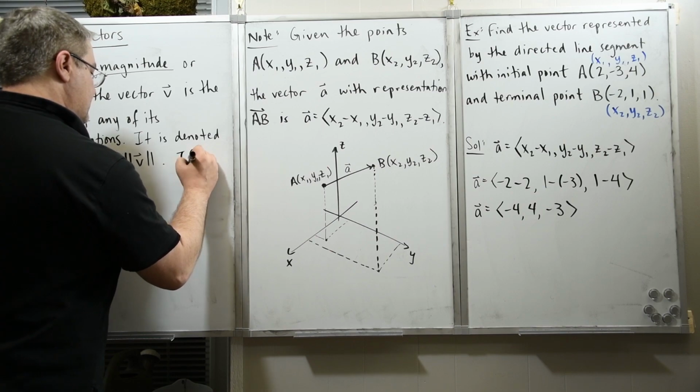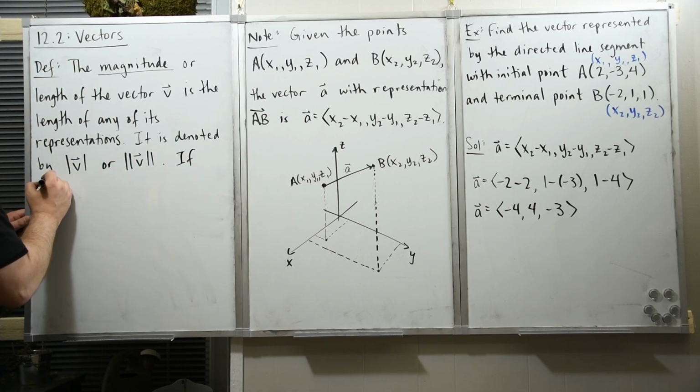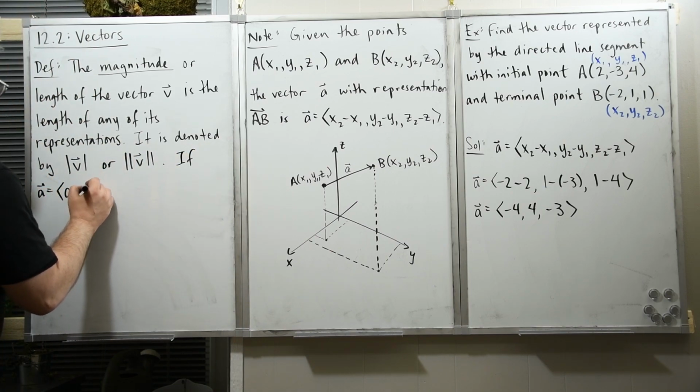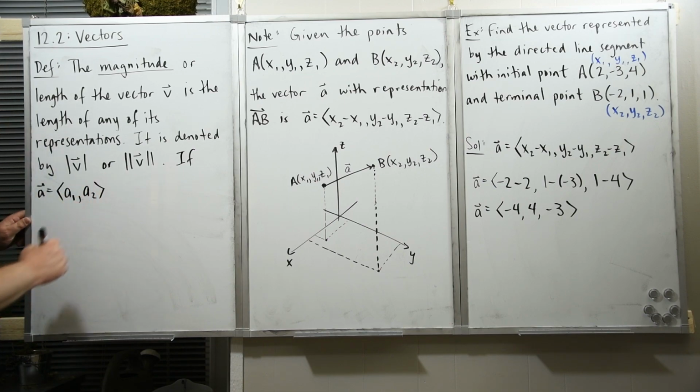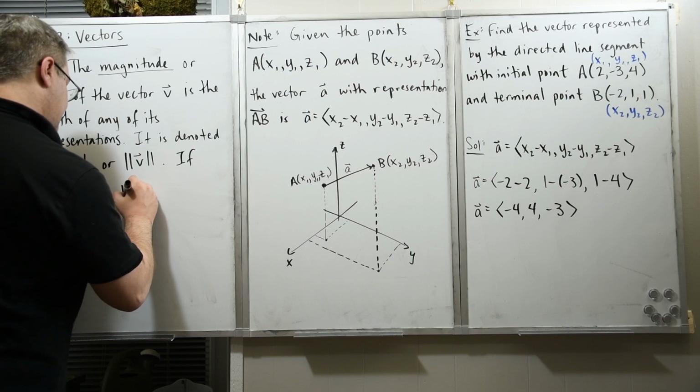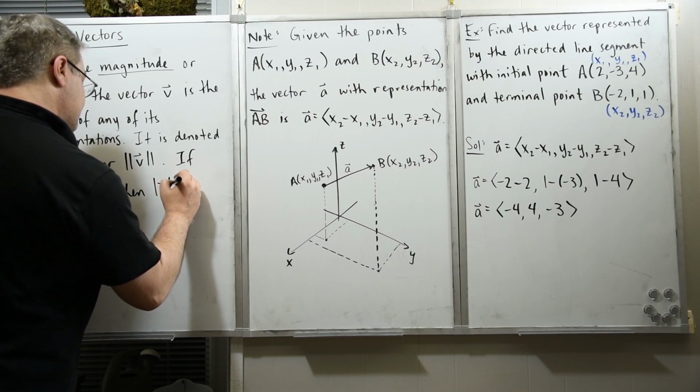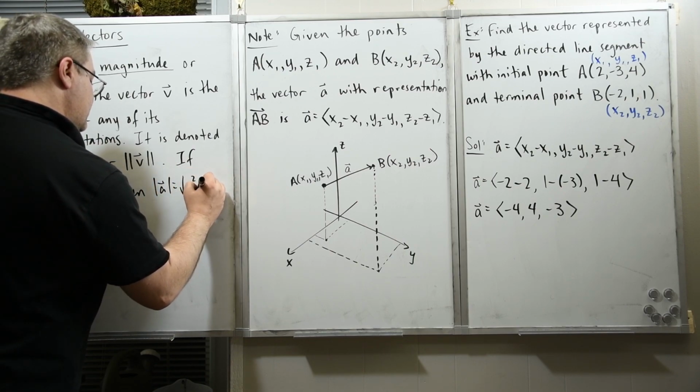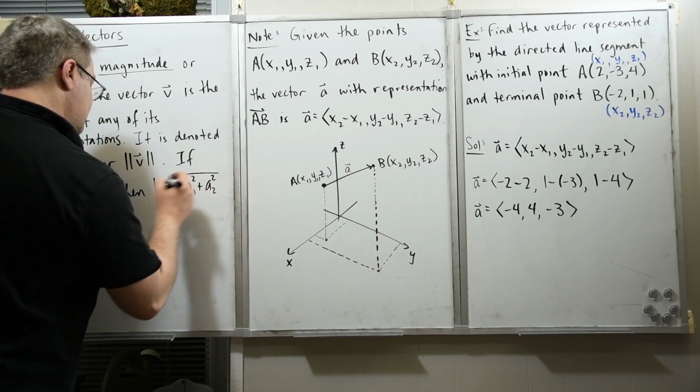And if we have a vector A whose component form is what we're seeing here with components A1 and A2, then the magnitude of A is the square root of A1 squared plus A2 squared.